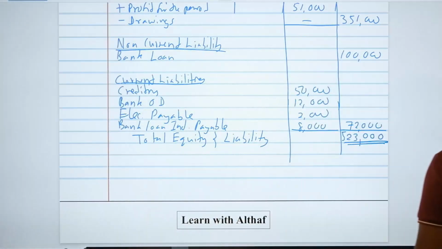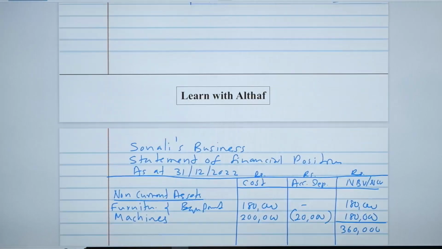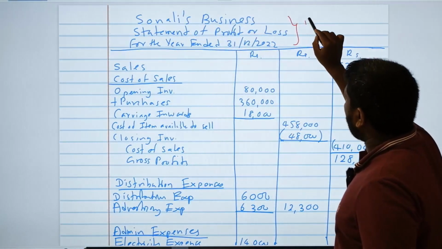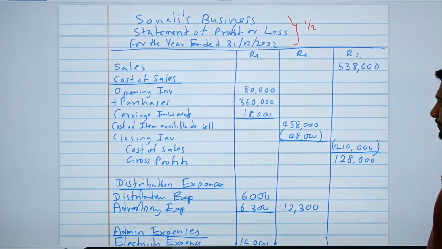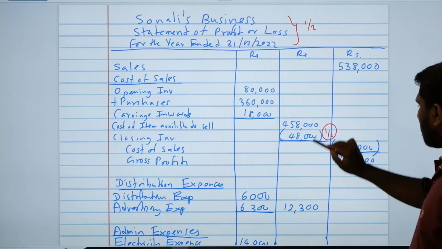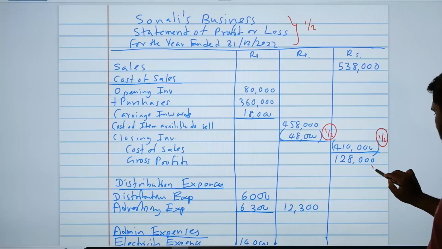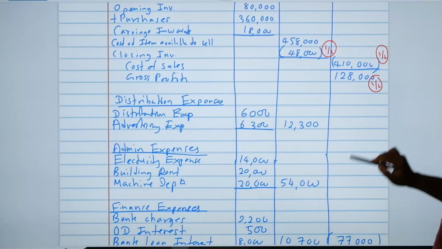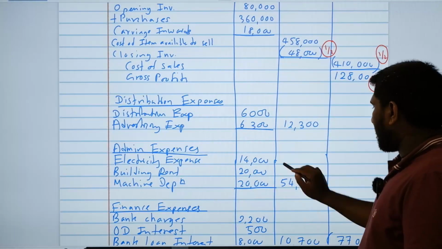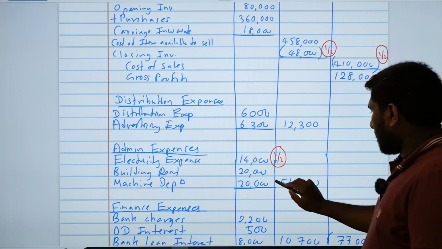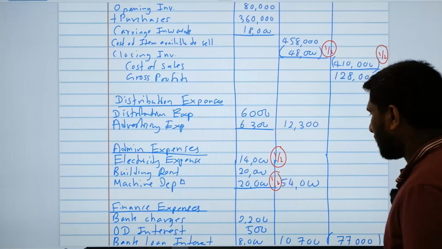We'll start with the income statement. So for this one you can take half a mark, and here half a mark, and here for the cost of sales half a mark, for the gross profit half a mark, and for the electricity half a mark, and for the machine depreciation half a mark.